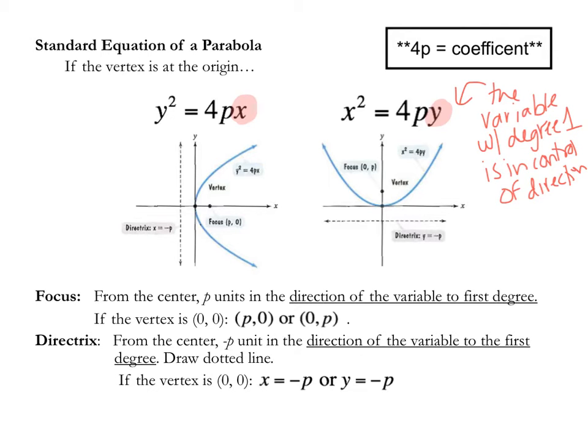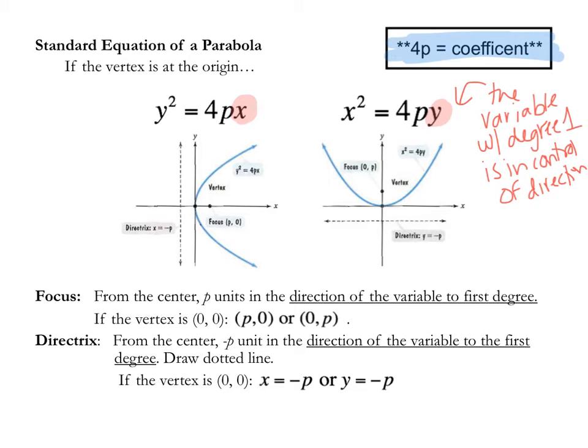Up at the top you're going to notice a formula. That's the formula to help us find p, which is an important part here. When you look at an equation, you have to remember that whatever the coefficient is, you have to set that equal to 4p. And that, once you solve for p, is going to tell you how far to move to find the focus and the directrix. To find the focus, you move in the direction of that first degree variable.